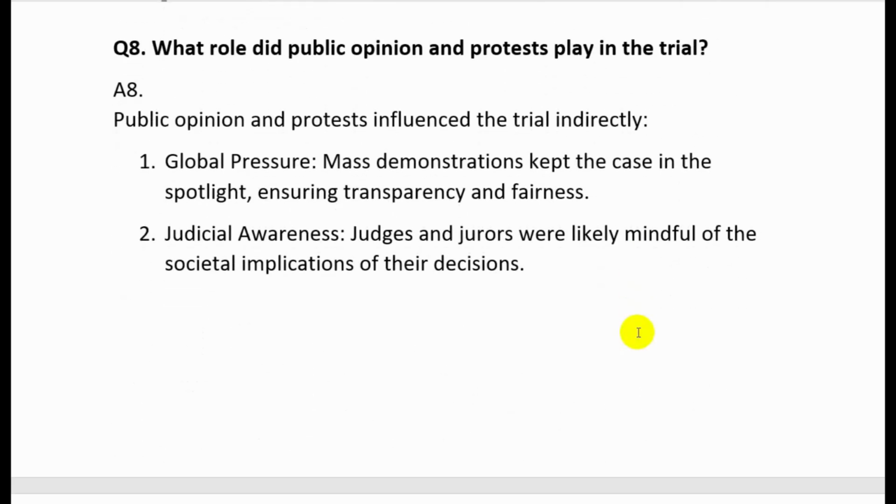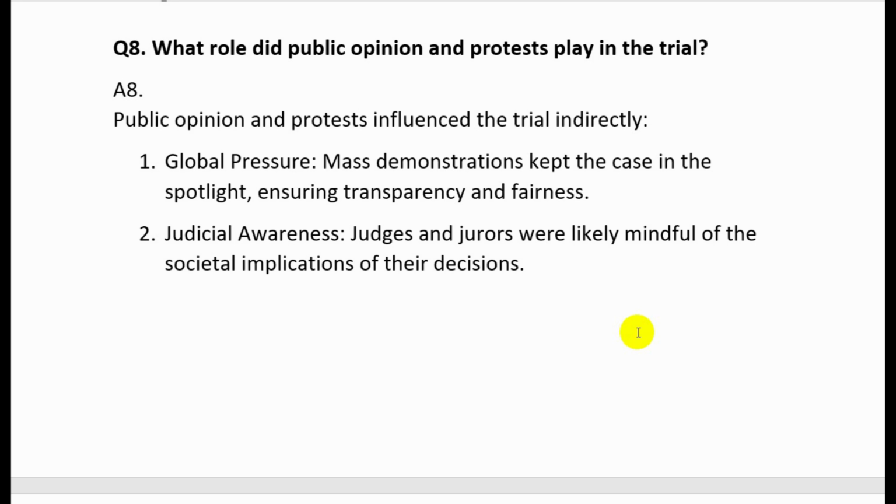What role did public opinion and protests play in the trial? Public opinion and protests influenced the trial indirectly. That is, global pressure. Mass demonstrations kept the case in the spotlight, ensuring transparency and fairness. Judicial awareness.